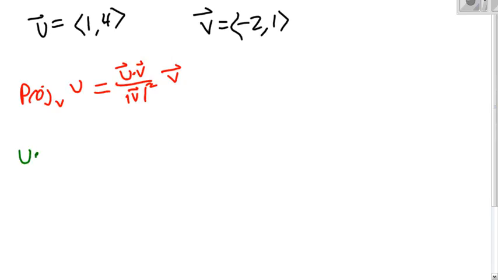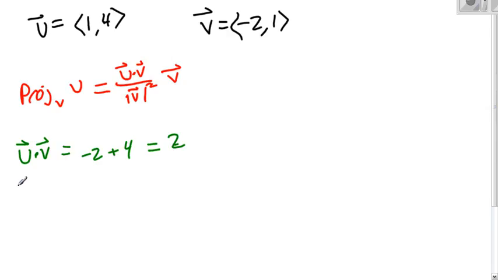So u dot v, let's calculate that first. 1 times -2, 4 times 1. So the dot product gets us 2.